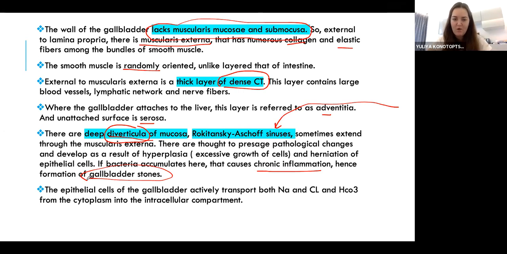We will see them on our slide. So don't forget that they're not an outgrowth, they're more of an ingrowth. And here is just an additional thing: the epithelial cells of the gallbladder are capable of transporting sodium, chloride and bicarbonate.